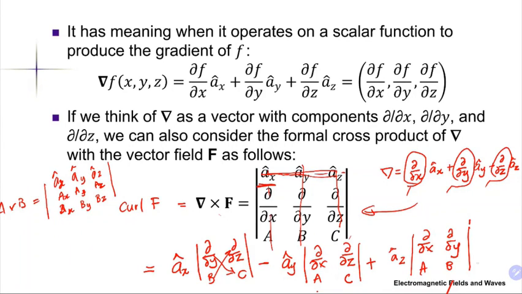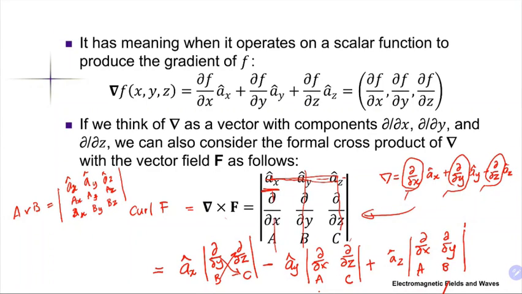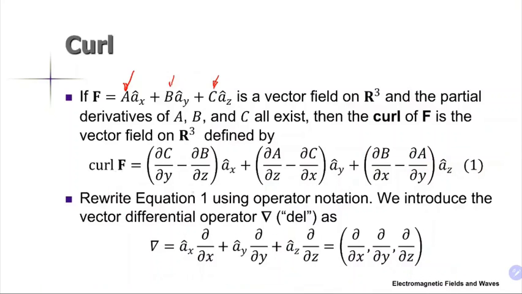This simply equals del C over del Y minus del B over del Z: this multiplied by this, minus this multiplied by this. If you go through all of this, you should be able to show that it equals equation 1: del C over del Y minus del B over del Z, times the unit vector x, plus the rest of the terms.